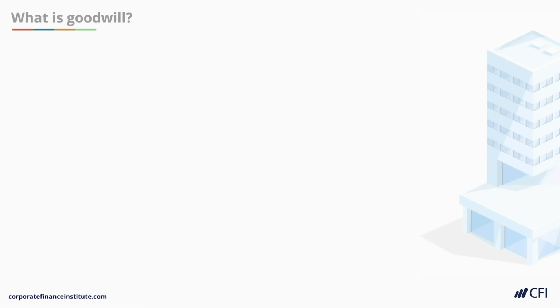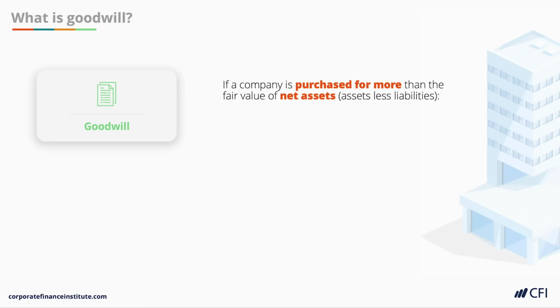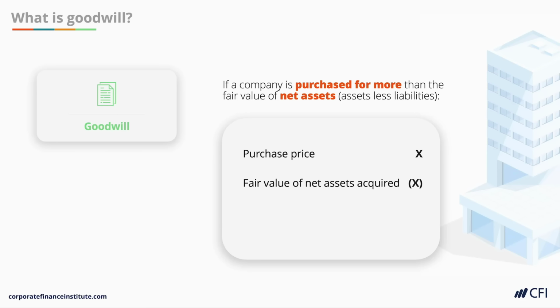Goodwill is another account seen in many financial statements. If a company is purchased for more than the fair value of its assets less liabilities, also known as net assets, then the difference between the purchase price and the fair value is recorded as goodwill. It's considered an asset because the reason for paying more for a company's physical assets is because of the intangible value of the company.